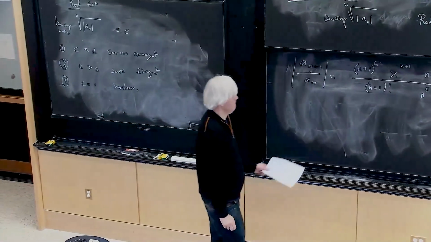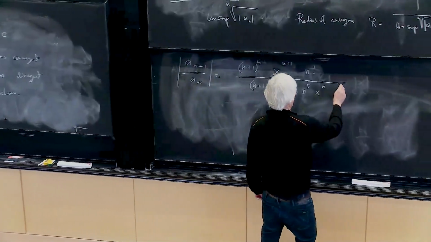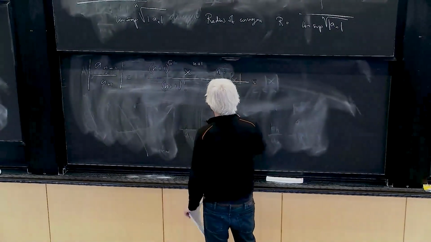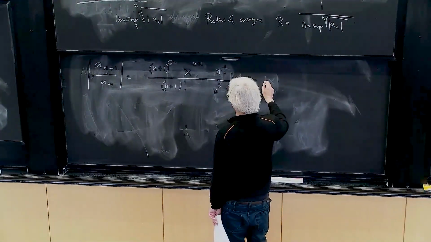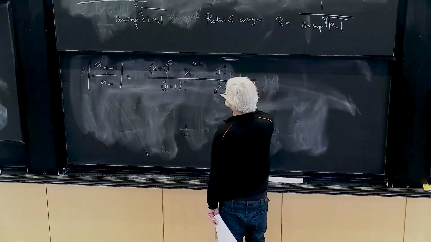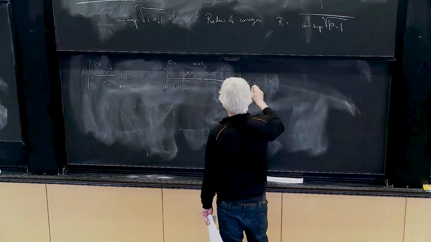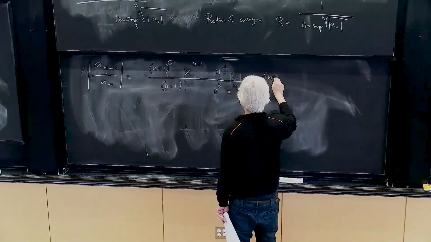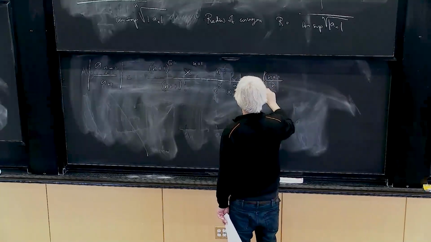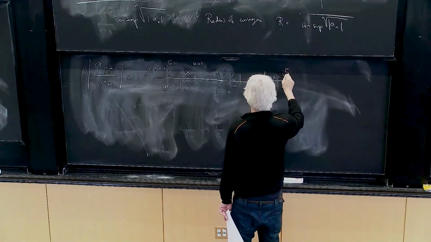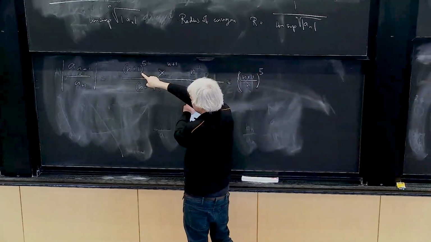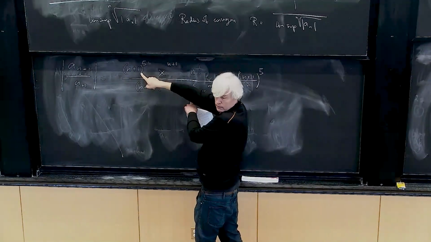And so again, I can write this as, if I just do like I did before, (n+1) over n to the 5th power. That's when I take this one and that one together.